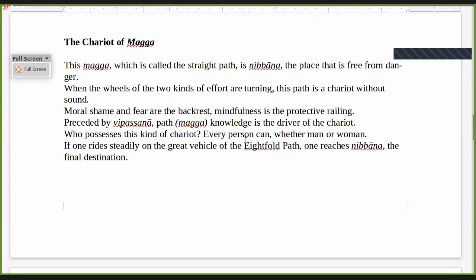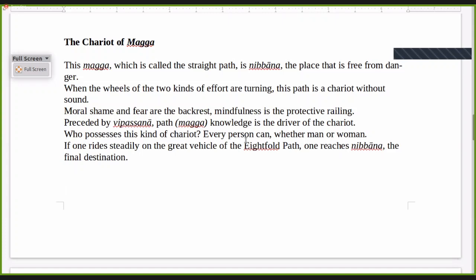It is like the manner in which the leaning boards or backrest of your mega vehicle prevent you from falling backwards, maintaining you in position. It is the reason why the Buddha termed hiri and ottappa, moral shame and moral fear, the backrest or leaning boards of your mega vehicle.